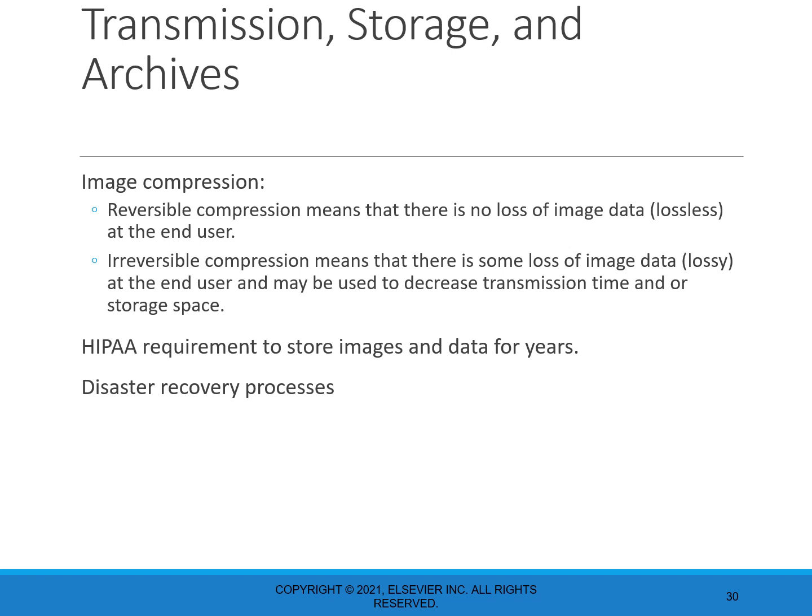Reversible compression means that there's no loss, or it's called lossless compression to the end user. You all have experience with this, I'm sure, where you've taken an image on your cell phone and you want to send it to a friend, but it gives you 3 different options: large, medium, small. You can tell that the megabytes are going to be much less on the small than on the large.